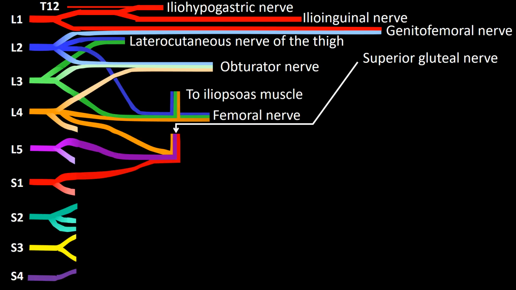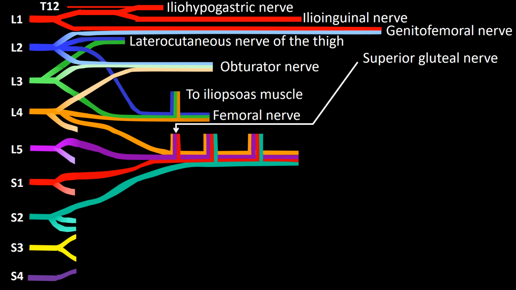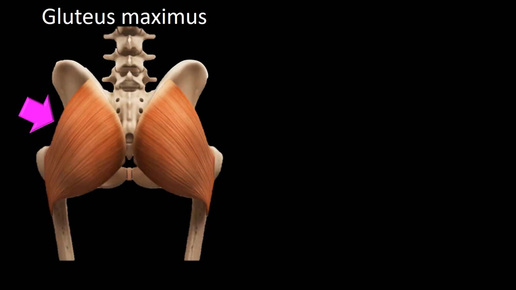After the formation of the superior gluteal nerve, a posterior branch of S2 joins the three posterior branches of L4, L5, and S1 that form the superior gluteal nerve and gives out two intermediate branches. The inferior gluteal nerve, which only supplies the gluteus maximus.